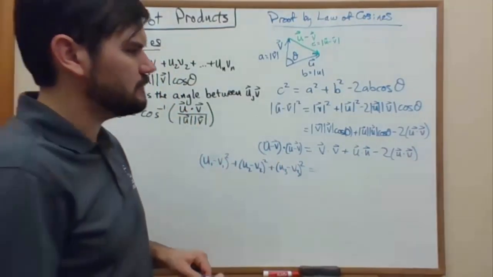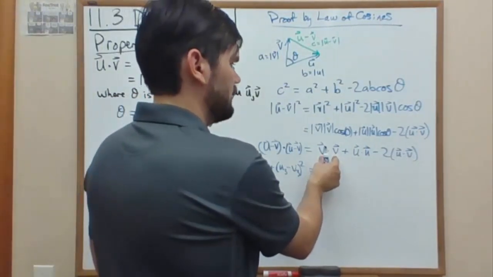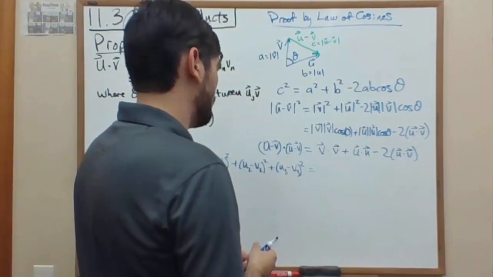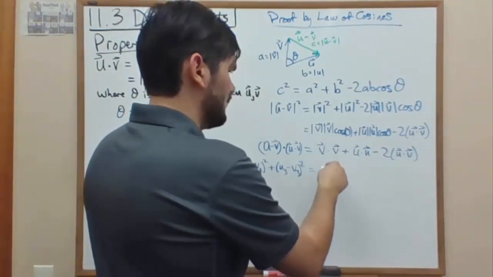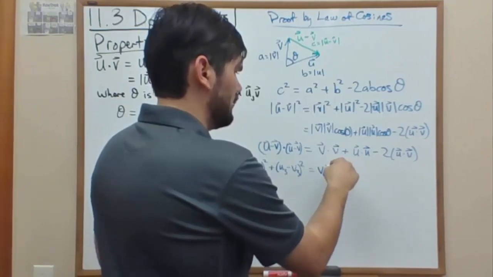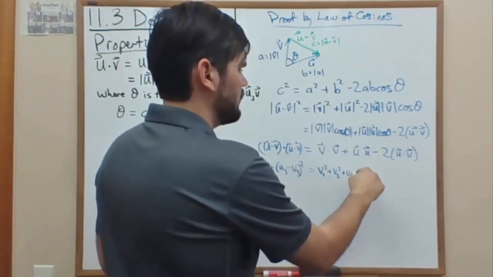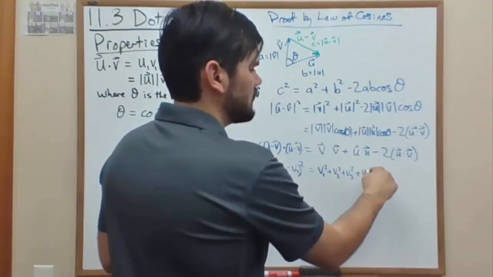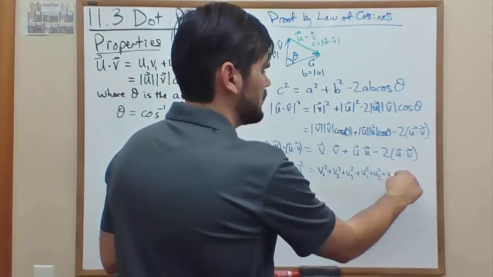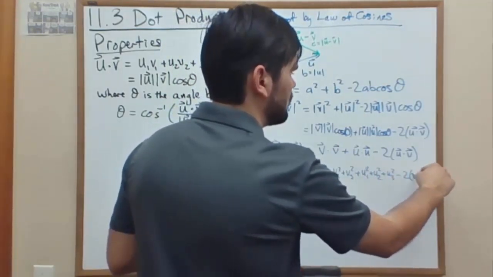And then the other side, we have v dotted with v and u dotted with u. So that will give us v1 squared plus v2 squared plus v3 squared plus u1 squared plus u2 squared plus u3 squared minus 2 times the dot product.